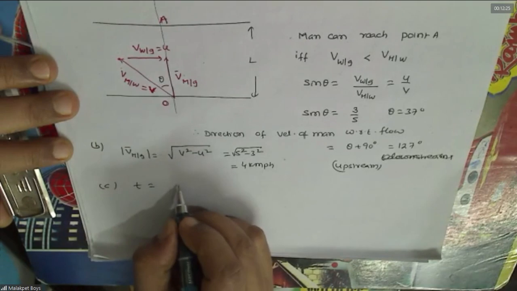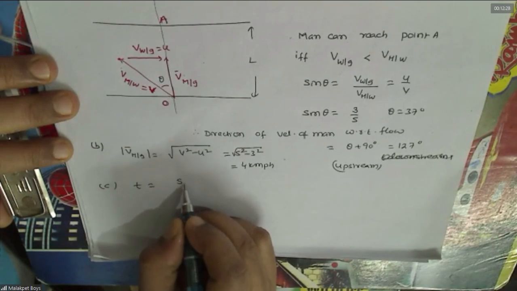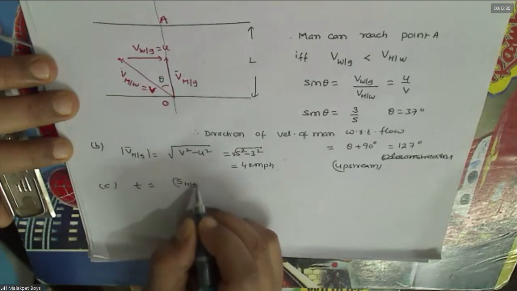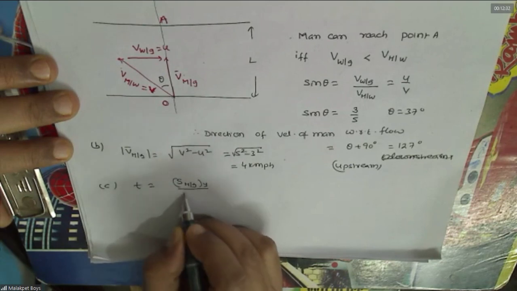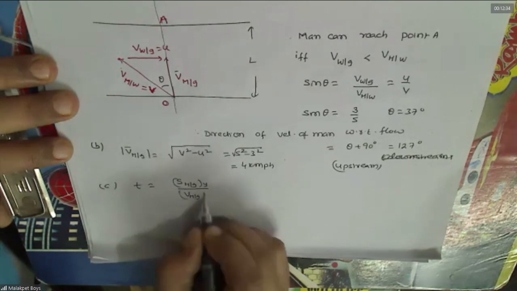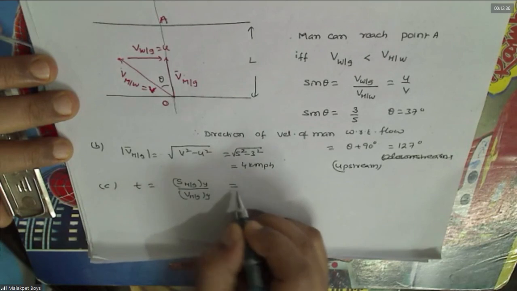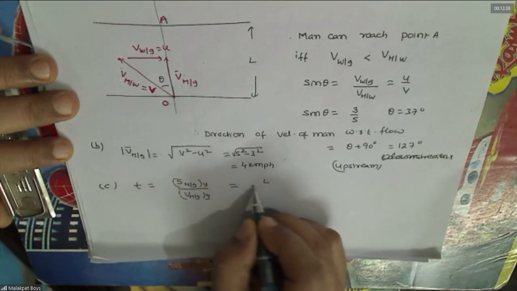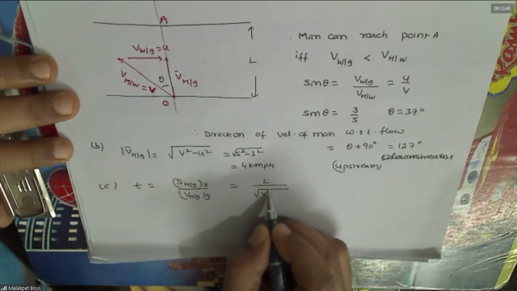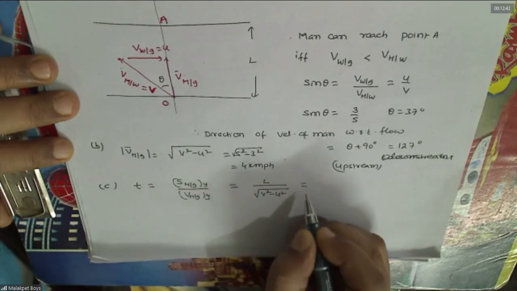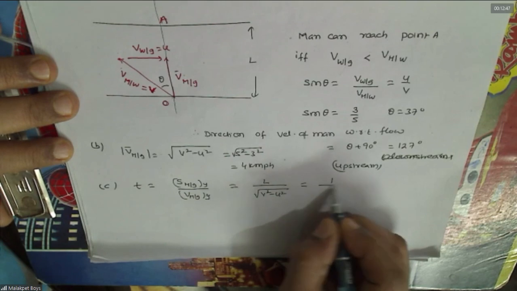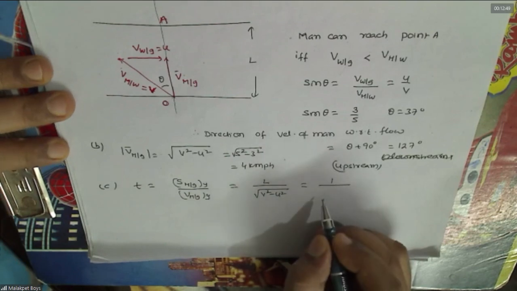That is nothing but displacement of man with respect to ground in the y direction by velocity of man with respect to ground in the y direction. That is nothing but L by root over v square minus u square. L is given, 1 kilometer. This is v square.